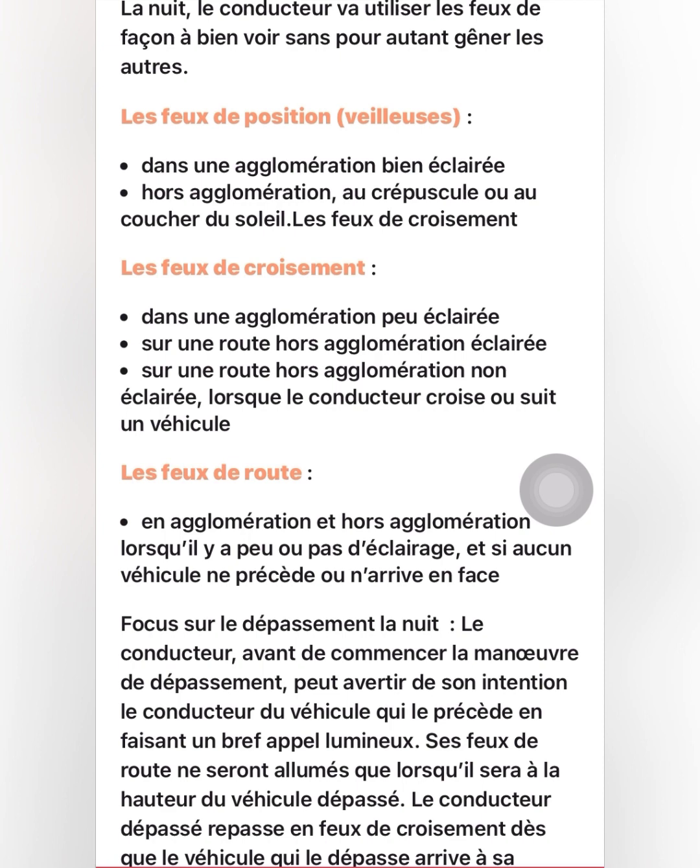Its full light will be on when it is overtaking. Then the overtaking driver will go back to the low light, the dipped beam, after you have finished overtaking, to avoid dazzling the users who are in front of him.